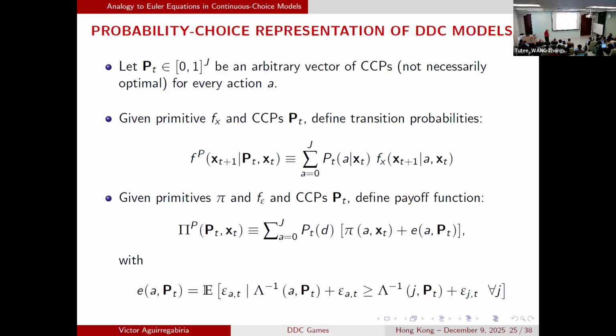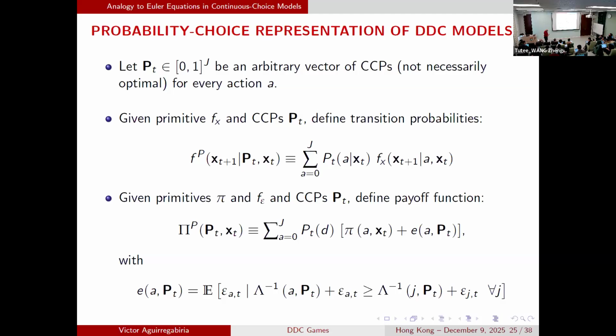Let's consider that at every period t, what an individual chooses is a vector of choice probabilities for each action. Of course, choice probabilities should sum to 1, okay? Then this is the decision of an individual at period t. Apparently, of course, we are making the problem much more complicated because we are going from one single discrete action to a vector of many continuous variables, okay?